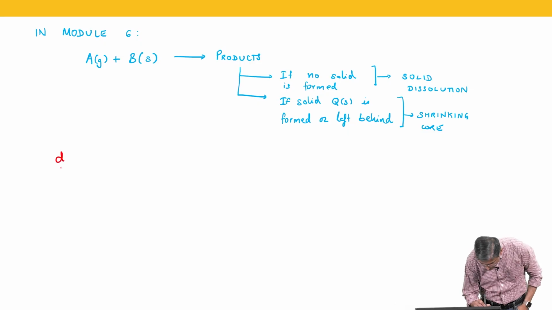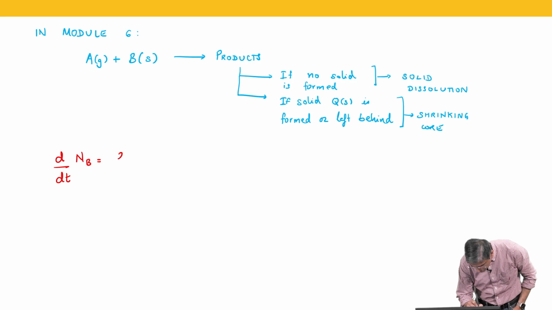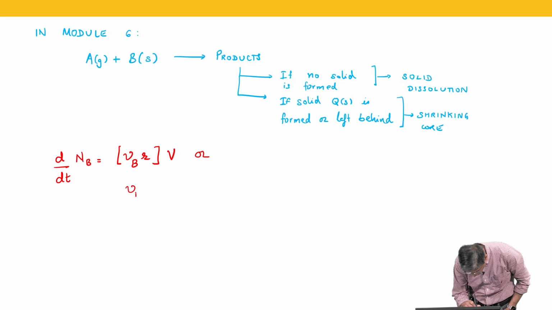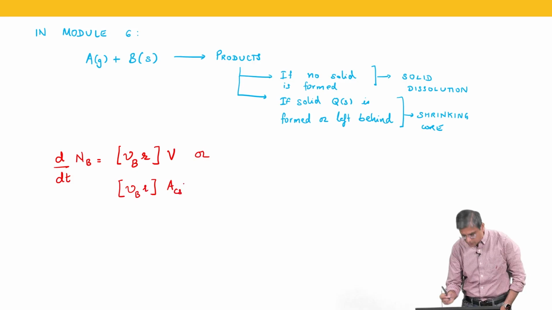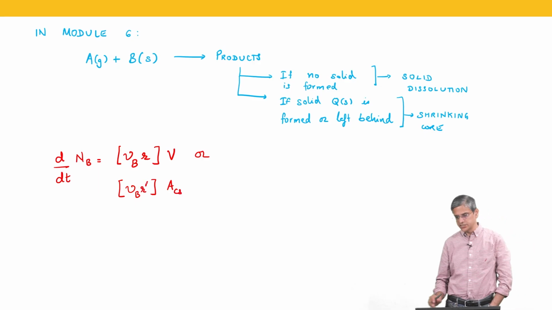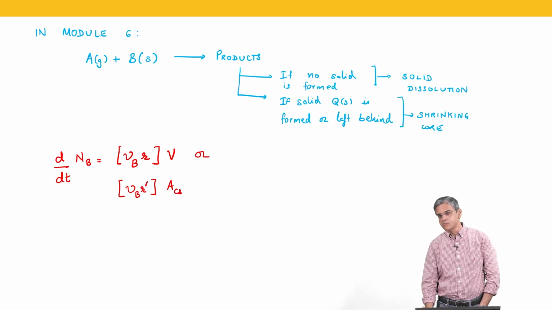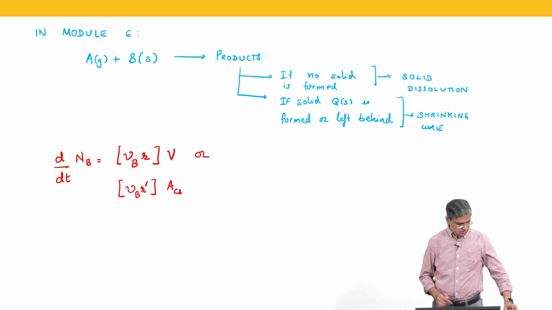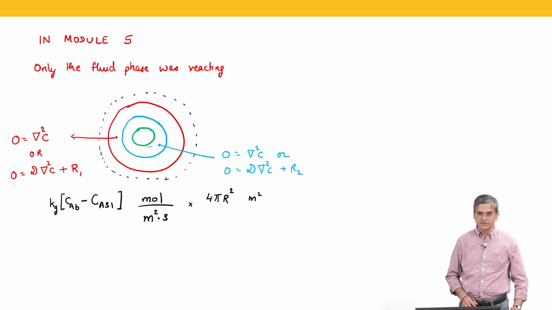And you have d by dt of the total number of moles of B is going to be equal to rate of reaction multiplied by volume, or area of cross section, whatever the case might be. On the right hand side, R comes from what we did in the previous slide.